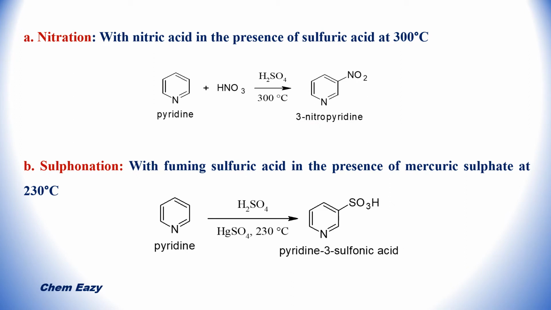In case of sulfonation, pyridine undergoes sulfonation with fuming sulfuric acid in the presence of mercuric sulfate at 230 degrees Celsius. As shown in this reaction, pyridine sulfonation with sulfuric acid in presence of mercuric sulfate. The third position is sulfonated and gives pyridine 3 sulfonic acid.